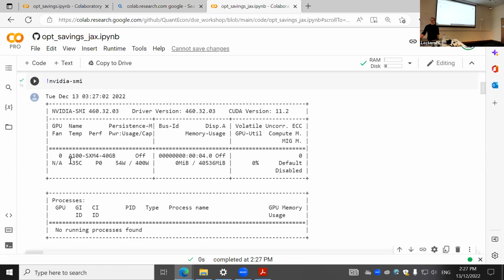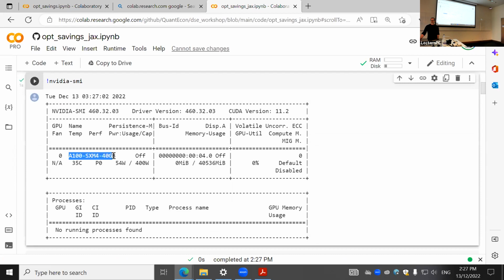Yes, we've got a GPU, and I'm by no means a hardware expert, but I think this is a pretty nice commercial grade GPU that we've been given. 40 gigabytes of RAM. I don't know how many cores this thing has, but I guess it's around about 8,000 cores. So on my laptop, I have 8 cores, and this has about 8,000 cores.